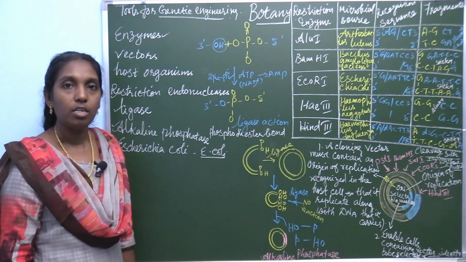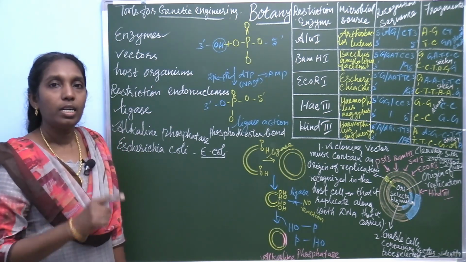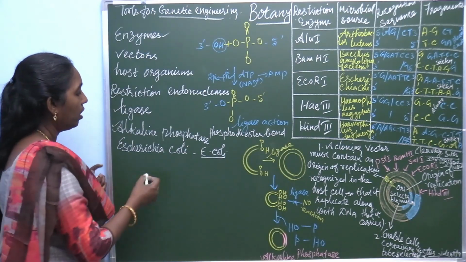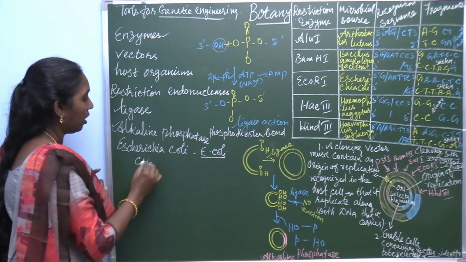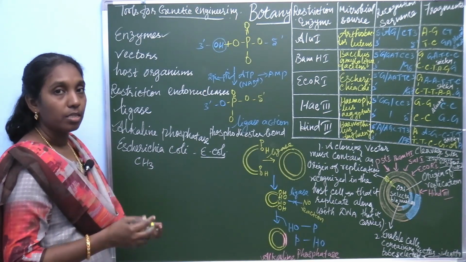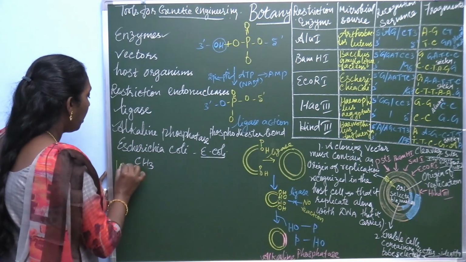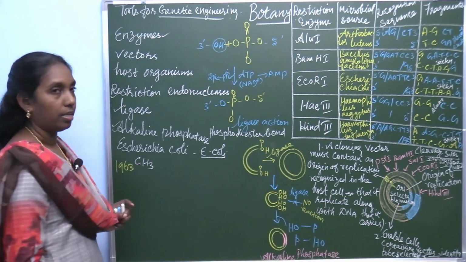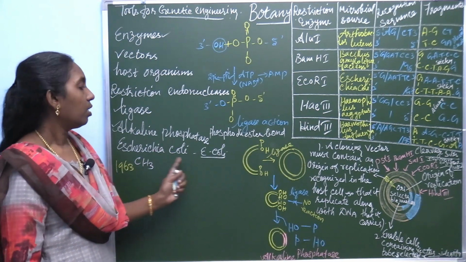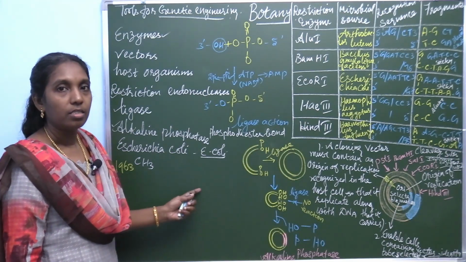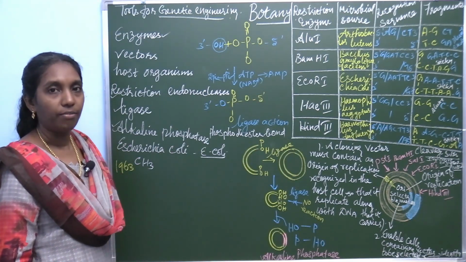One enzyme adds a methyl group, CH3. These two enzymes were discovered in the year 1963 in E. coli bacteria, which was infected by bacteriophage.